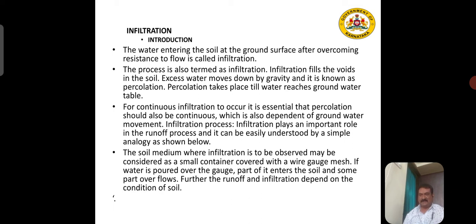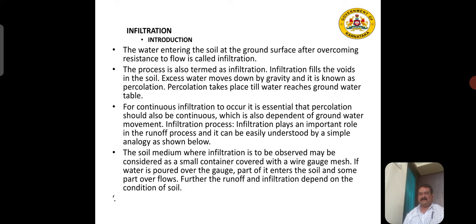After knowing the definition of infiltration, we have to know the infiltration process. In the infiltration process, infiltration or percolation plays an important role in the runoff process, and it can be easily understood by a simple analogy.